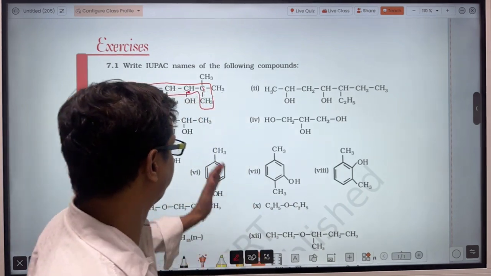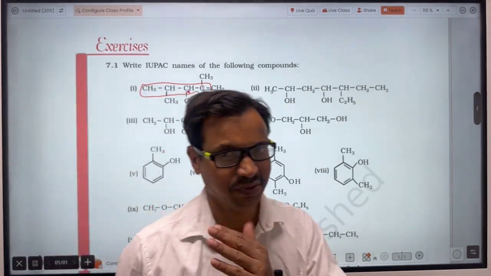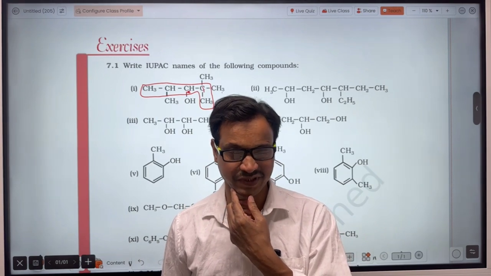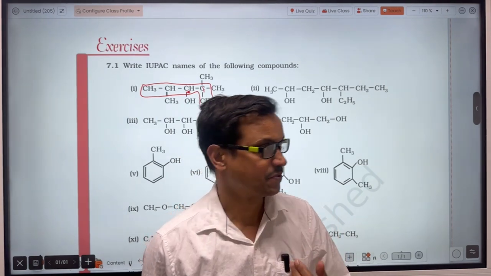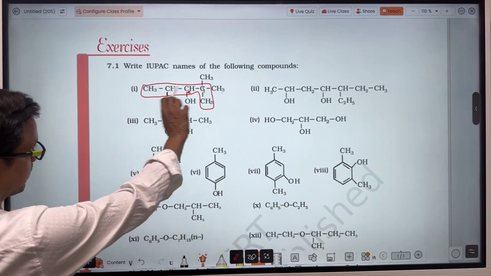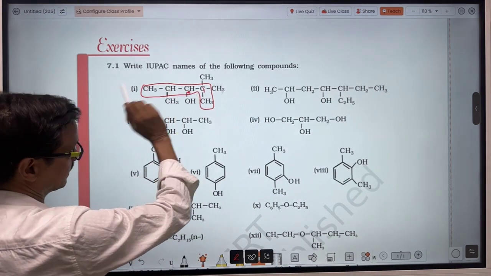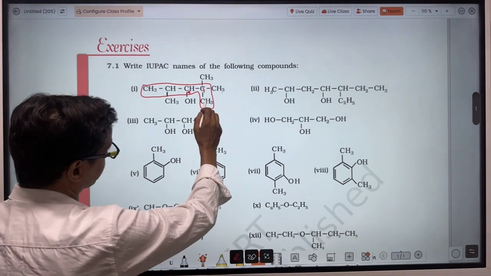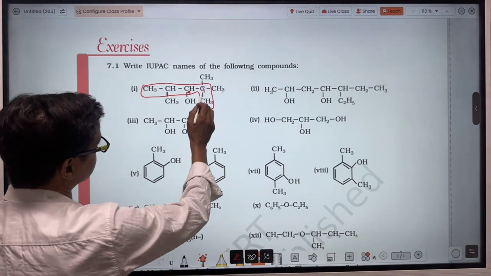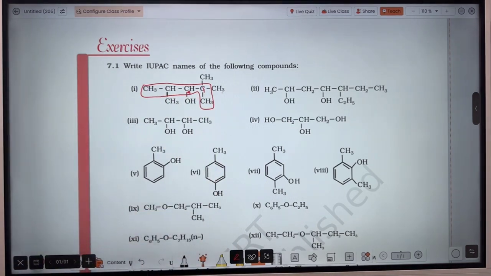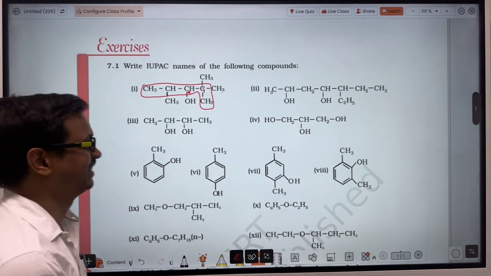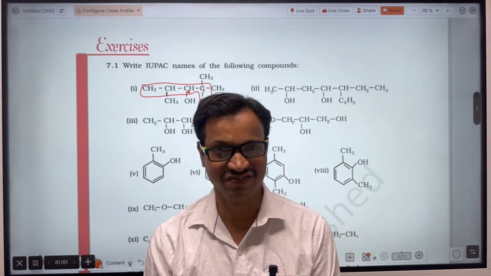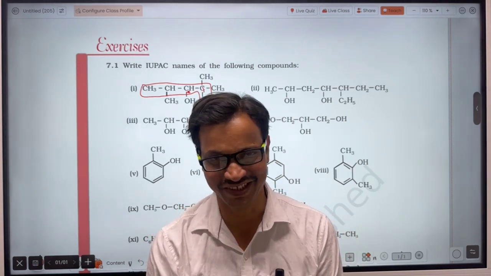Then after, numbering must be done in such a way that the carbon containing the functional group gets the lowest position. When you do the numbering from left to right, 1, 2, 3, OH gets the third position. And when you do numbering from this side, 1, 2, 3, then OH is also getting the third position. So confusion arises whether numbering will be from left to right or from right to left.